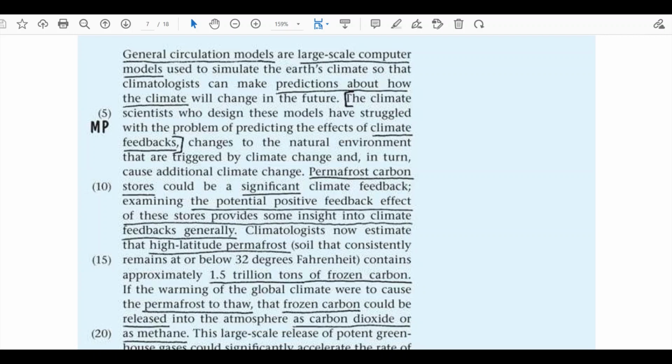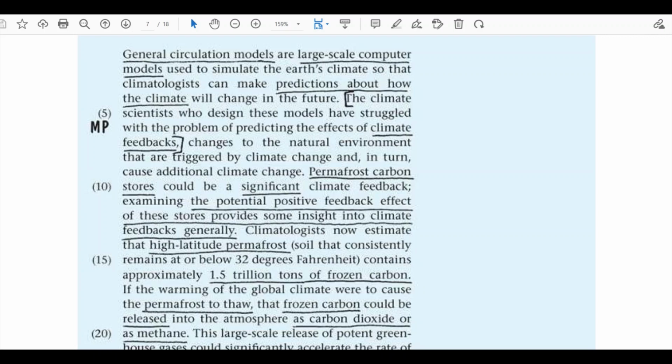Permafrost carbon stores could be a significant climate feedback. Examining the potential positive feedback effect of these stores provides some insight into climate feedbacks generally.